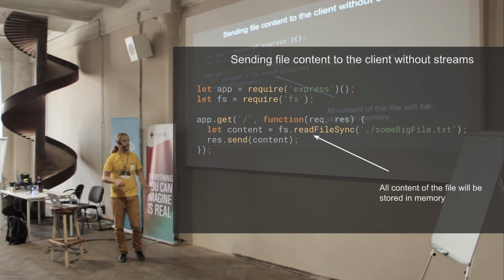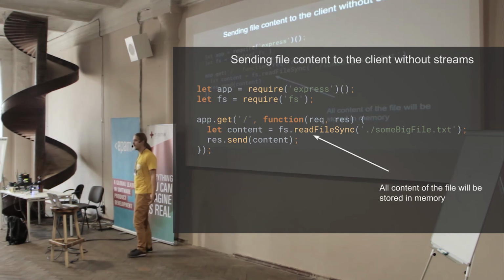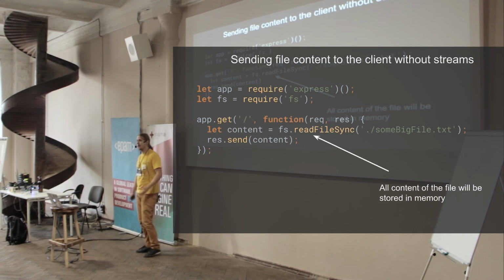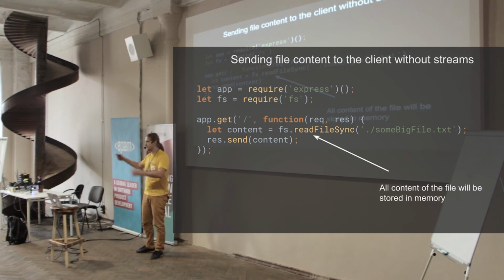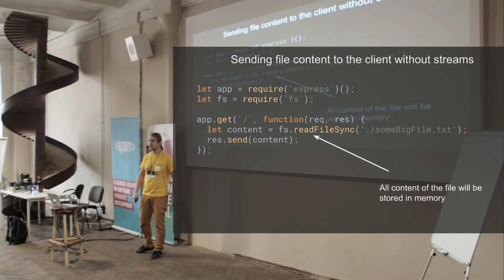All the content of the file will be stored in this variable content. And if the file is really big, there is a big chance that our app will crash, because we'll be out of memory and we'll need to go to our boss and say, hey, we need larger servers, and your development costs will increase.